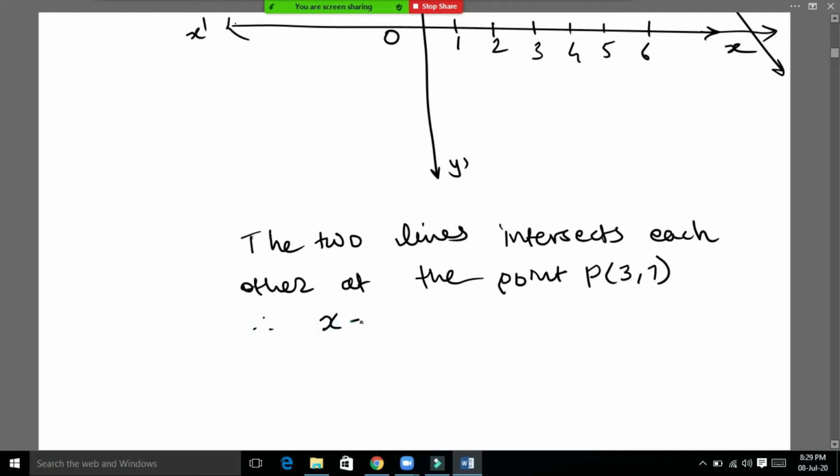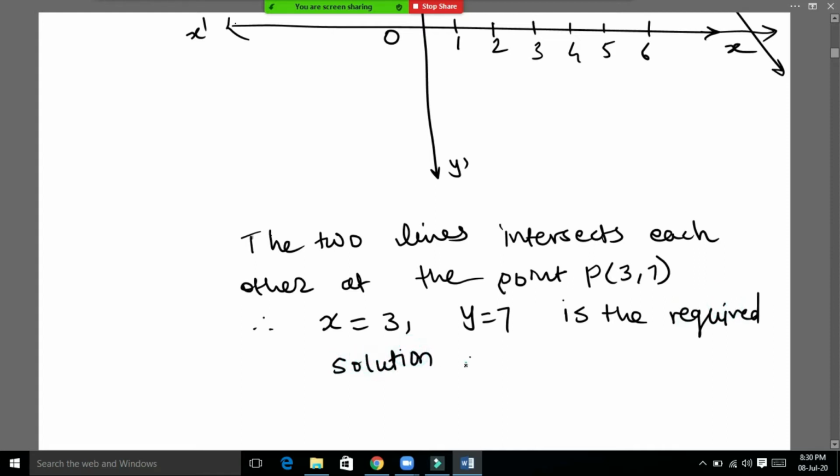Therefore x is equal to 3 and y is equal to 7, and at the starting we have taken x as the number of boys and y as the number of girls. So the number of boys is 3 and the number of girls is 7 who take part in the quiz competition. So this is the required solution of the pair of linear equations.